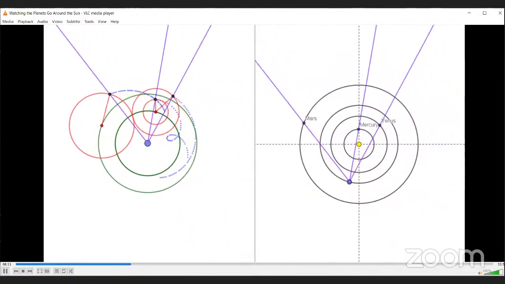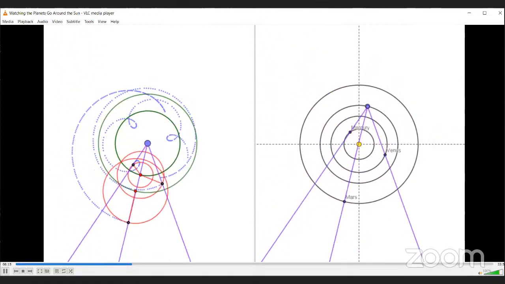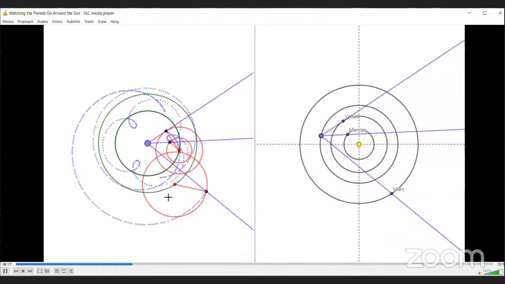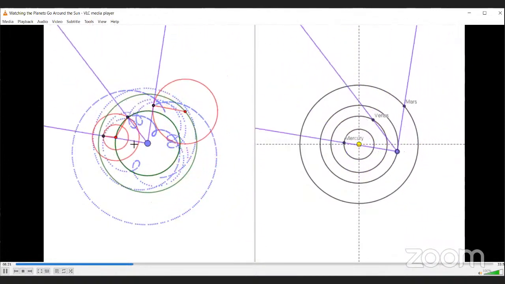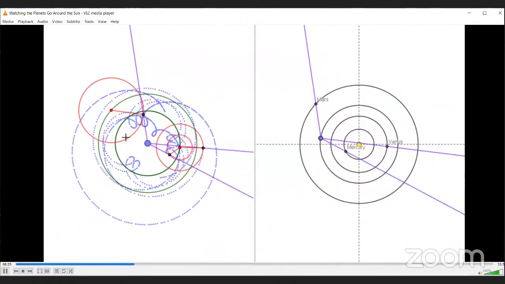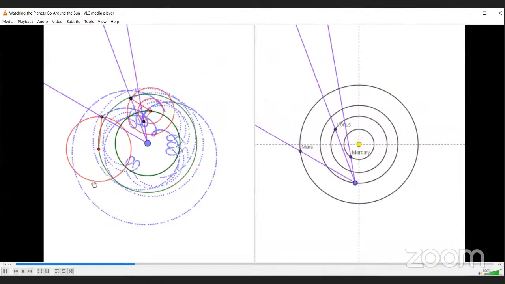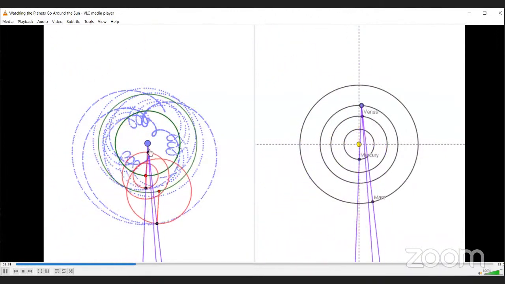And again, we have that loop-the-loop kind of complicated motion, but Ptolemy really simplified it all because you can actually account for all of the complexity by just having circular motion. So here's Mars going in a circular path around a point, which itself then is going around the Earth.